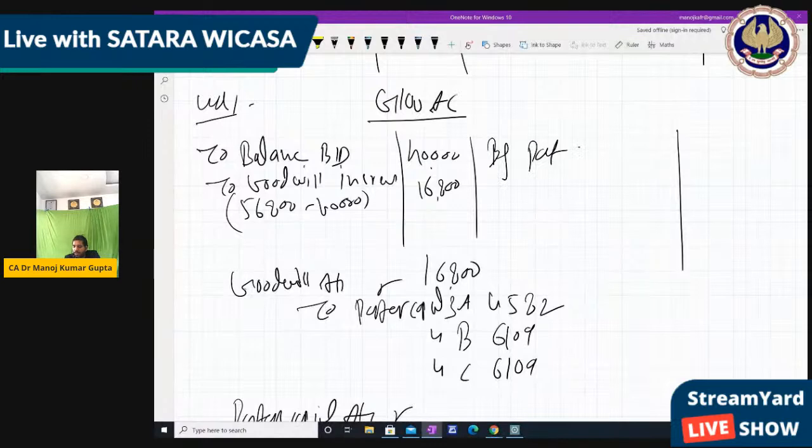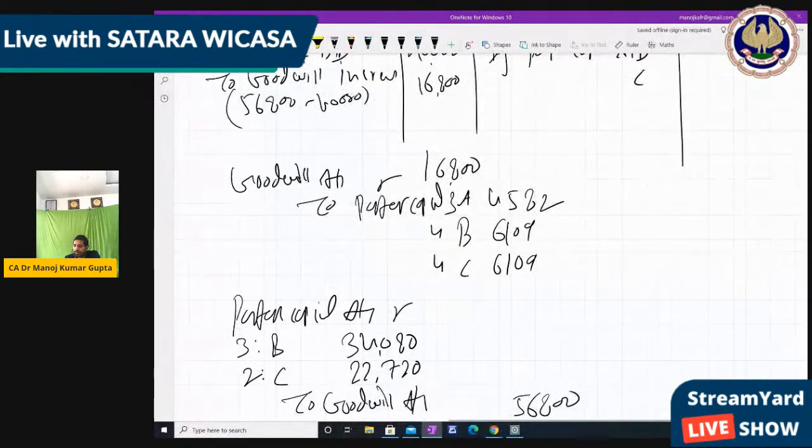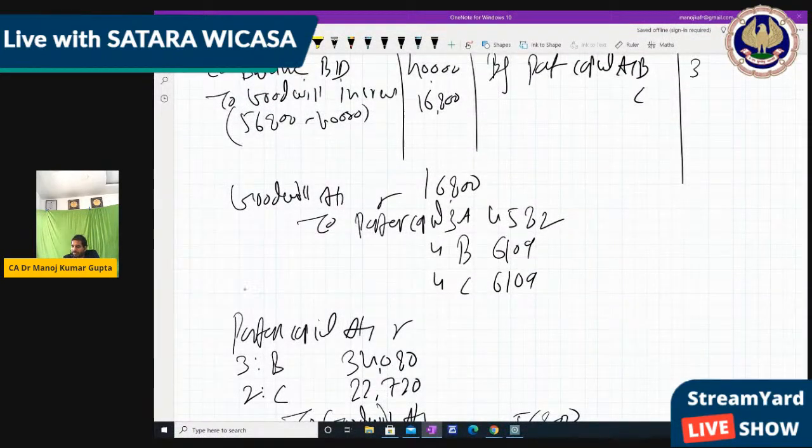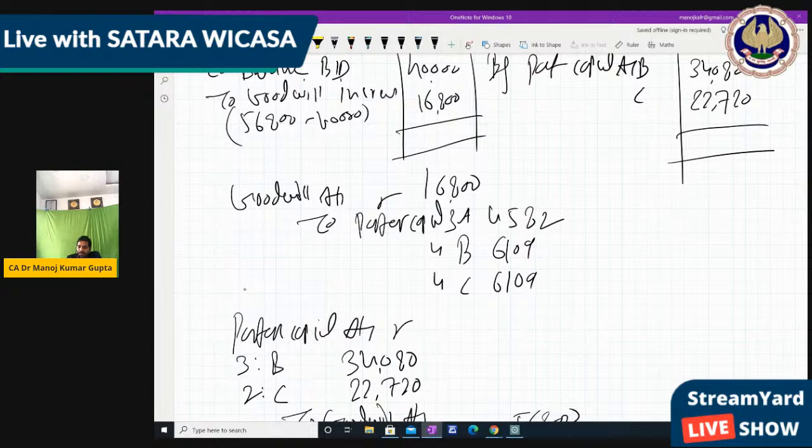So in goodwill account, what do we do? By partners' capital account, B and C, 34,080 and 22,720. Okay, so goodwill account gets tallied, and this capital is also used by A, B, C in this amount: 4,582, 6,109 and 6,109.